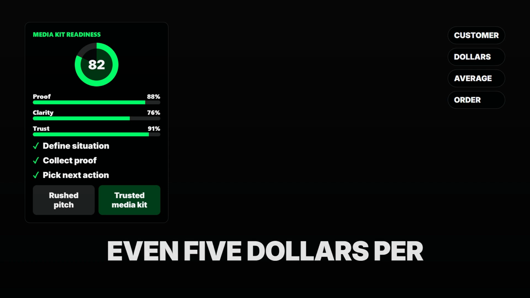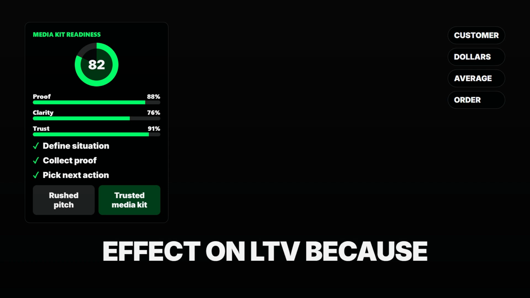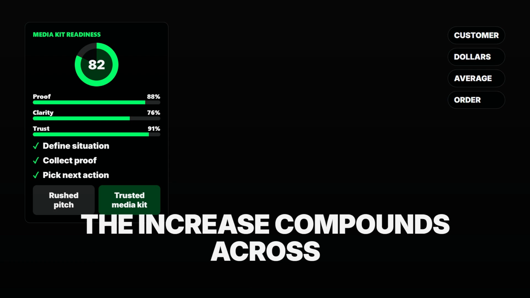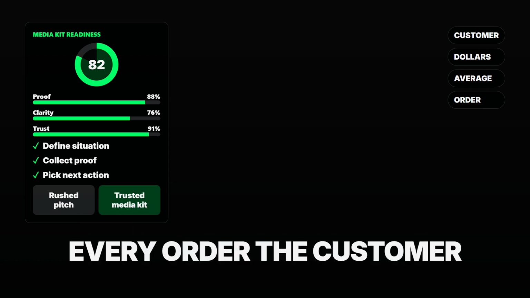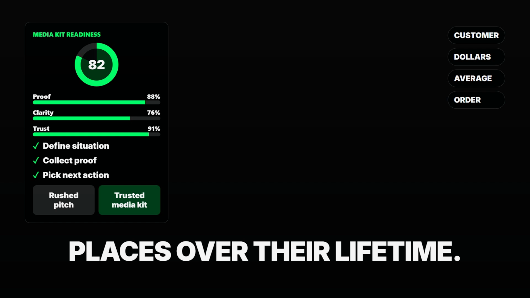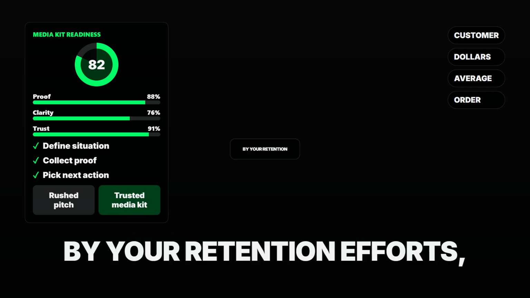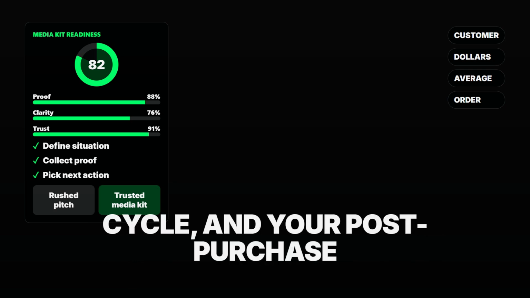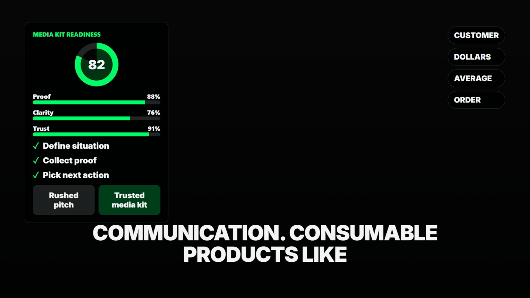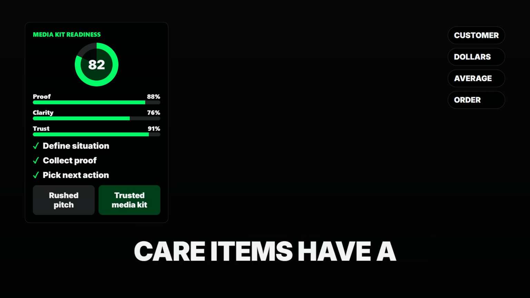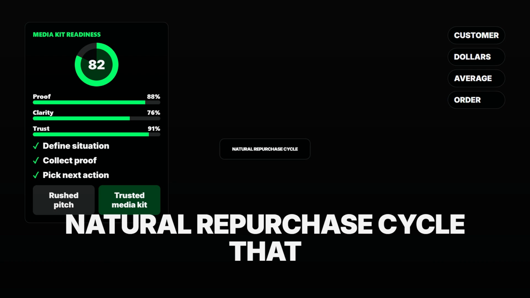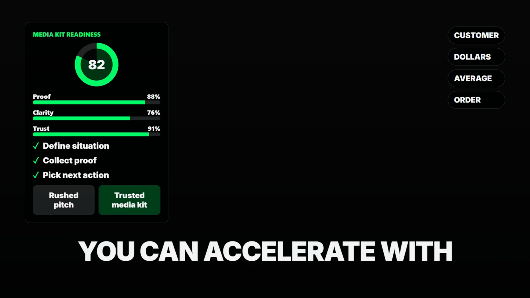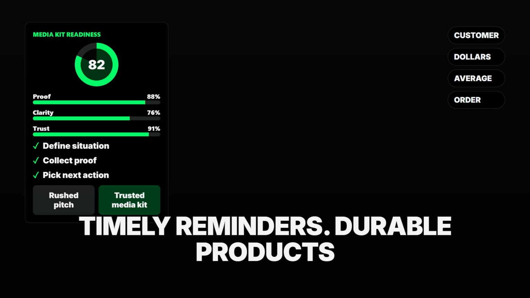Purchase frequency is influenced by your retention efforts, your product's natural repurchase cycle, and your post-purchase communication. Consumable products like food, supplements, and personal care items have a natural repurchase cycle that you can accelerate with timely reminders. Durable products require a different approach, such as expanding your catalog to give customers reasons to come back for complementary or adjacent products.